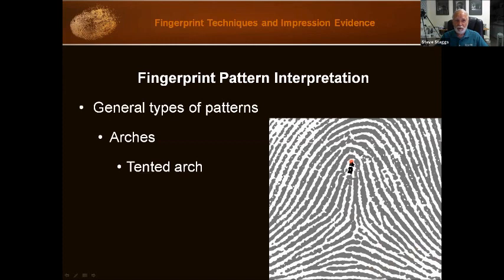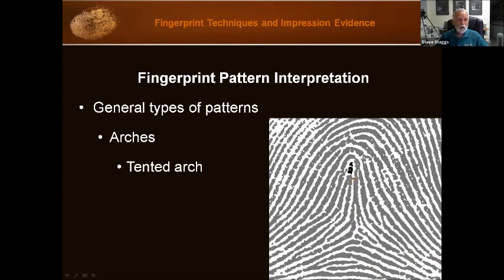They can form a definite angle of 90 degrees or less. One or more of the ridges at the center may form an upthrust, or the tinted arch may have a combination of the three basic requirements of the loop but lack the third. So if you don't have all three, then it's going to be a tinted arch.